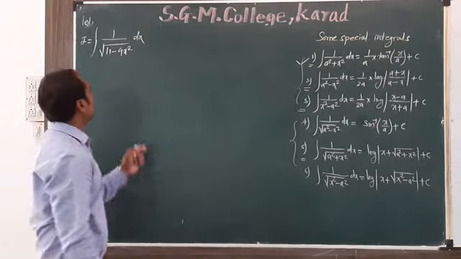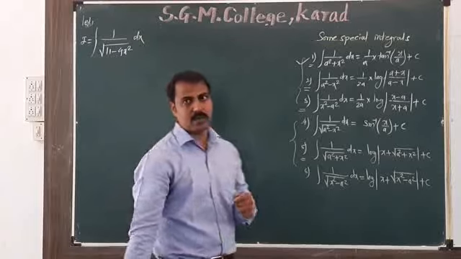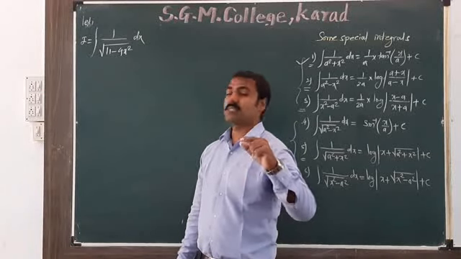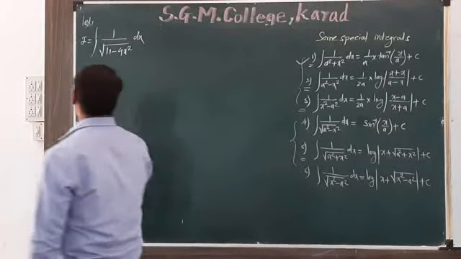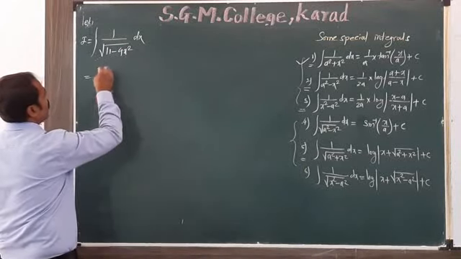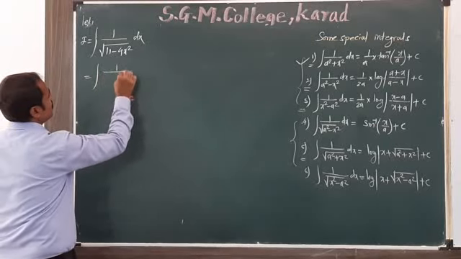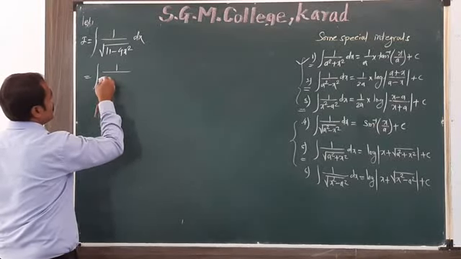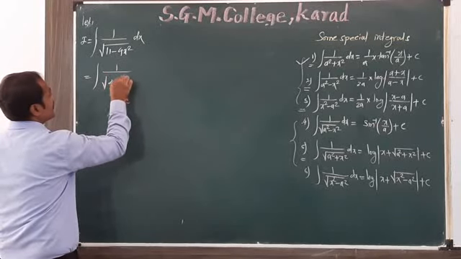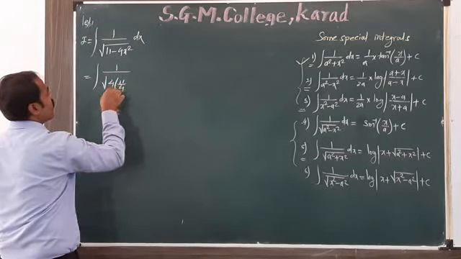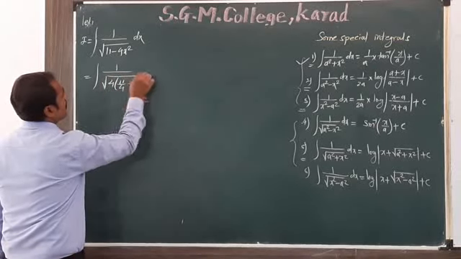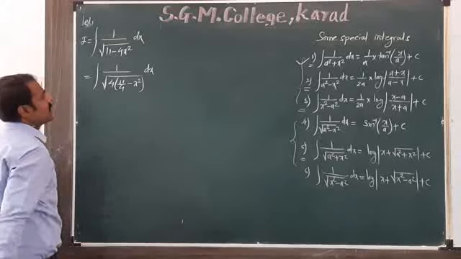Okay, now look at here. In the numerator there is 1 and the denominator contains a square root sign, in which one term is the square of a variable. So make the coefficient of x square 1. So taking 4 common inside the square root, the integration becomes integration 1 upon square root of, taking 4 common, 11 by 4 minus x square dx, okay.